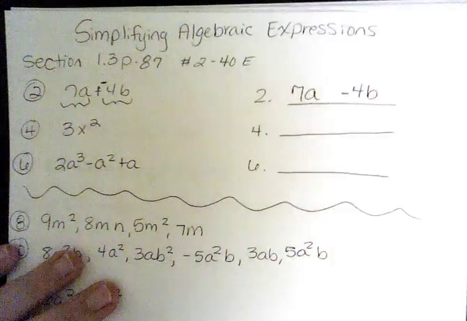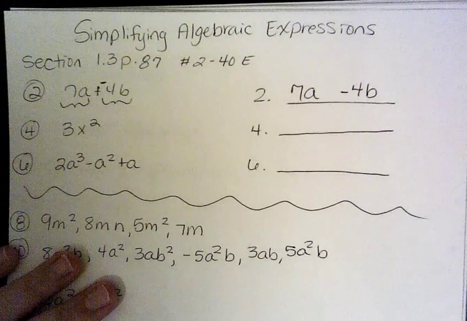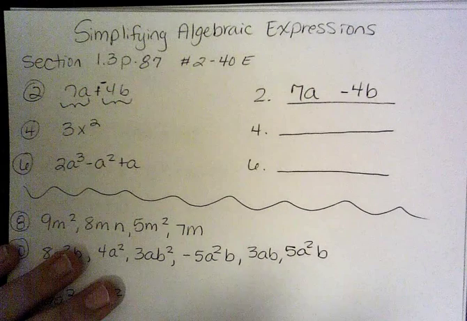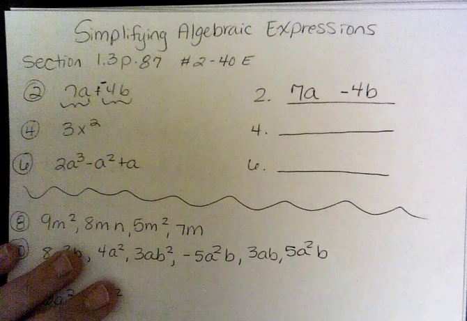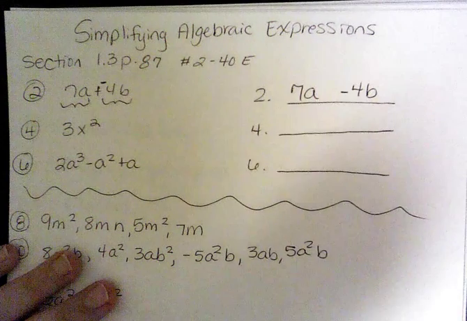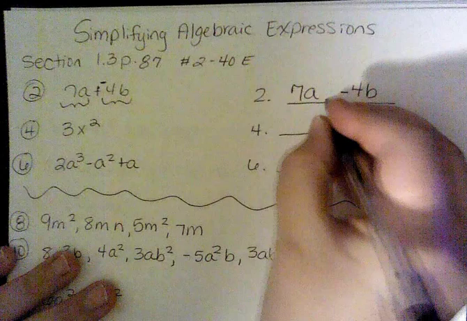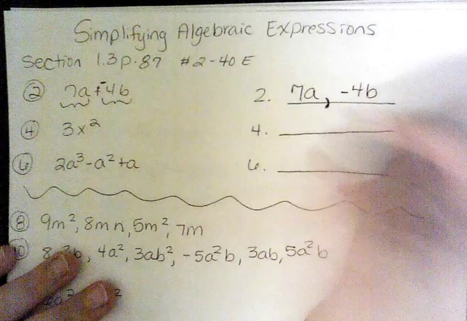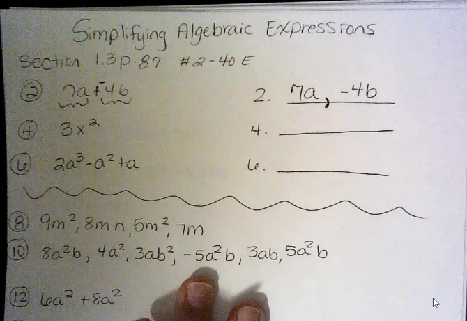Now, if we were to leave it in this form, you could say that I just rewrote the problem. Well, that's not what we're doing. We're listing. So if I were to tell you to list the days of the week, you would say Monday, Tuesday, Wednesday, Thursday, Friday, and then you would put commas or slashes in between. So what we're going to do is to say that we're separating these two. We're going to say that we have 7a and negative 4b.